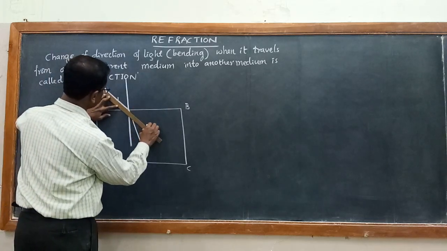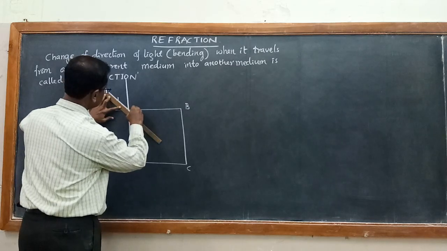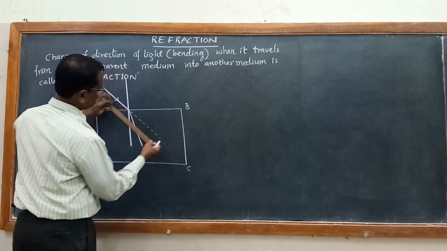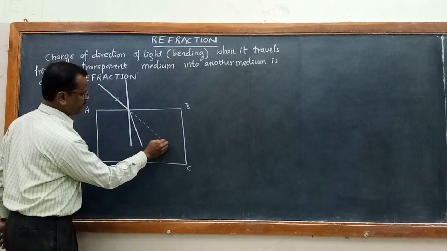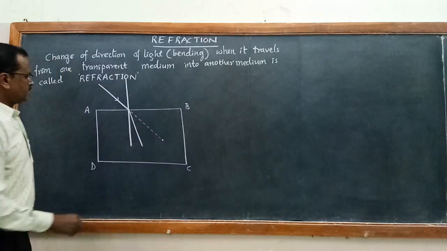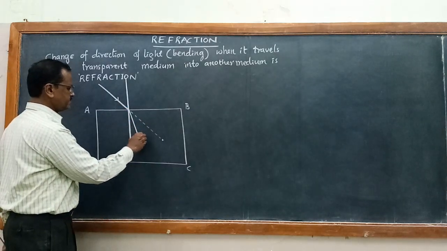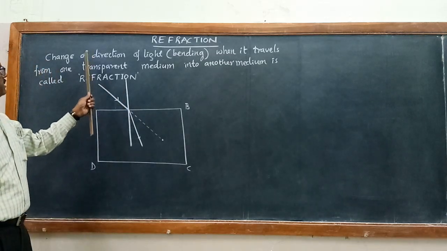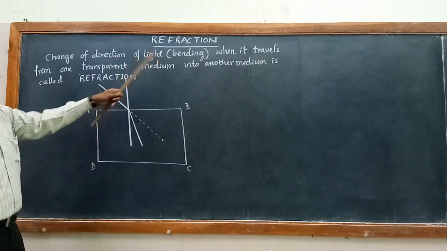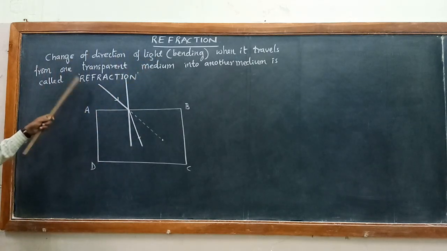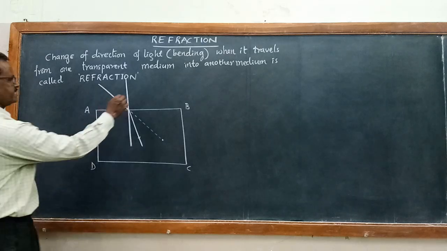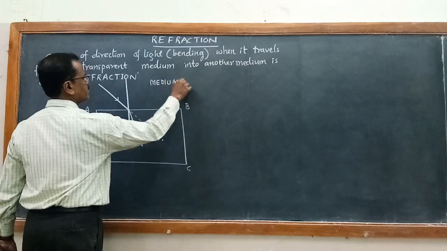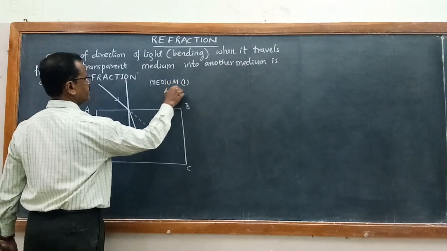This would have been the straight path. This is the undeviated path when there is no glass slab. Because of keeping the glass slab, you will find the ray of light bending. So this phenomenon of change of direction of light when the light travels from one transparent medium into another transparent medium, this I can take as medium 1, say air.